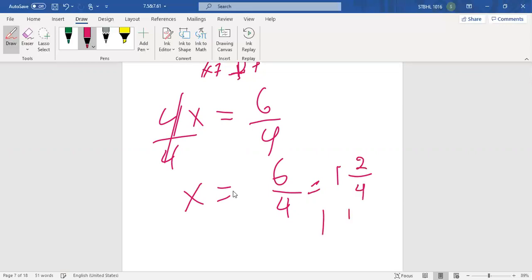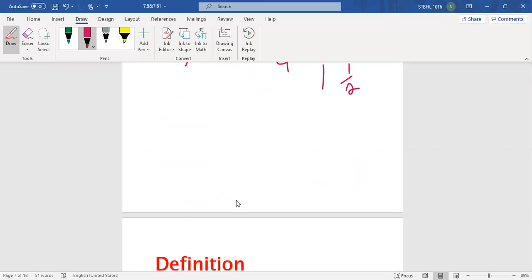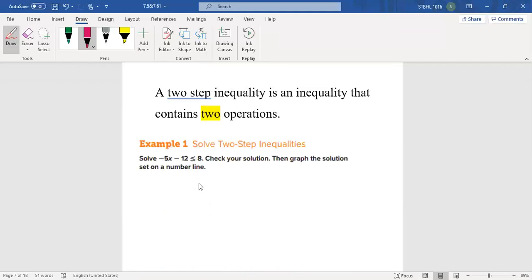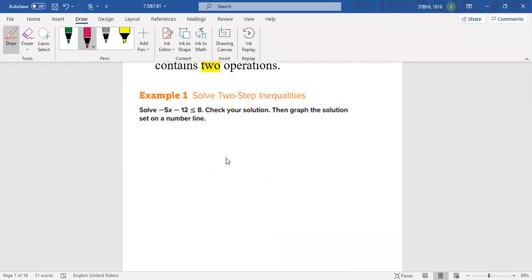Okay. So what are two-step inequalities? They are inequalities which contain two operations. Look at this inequality: negative 5x minus 12 is less than or equal to 8. What are the operations here?